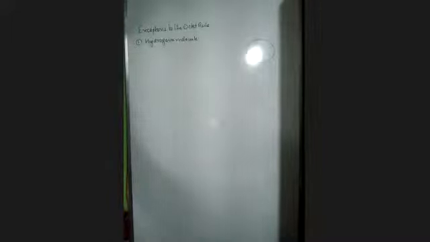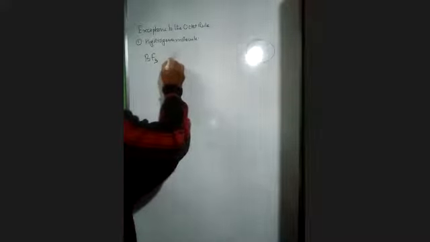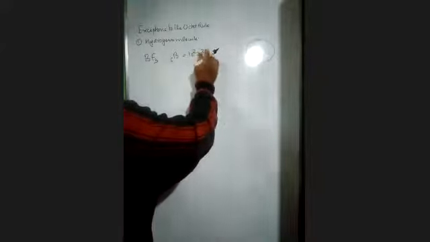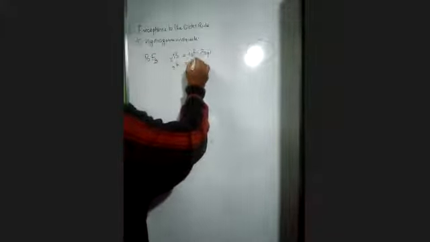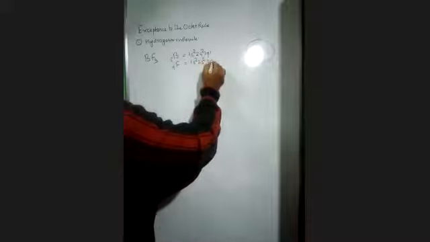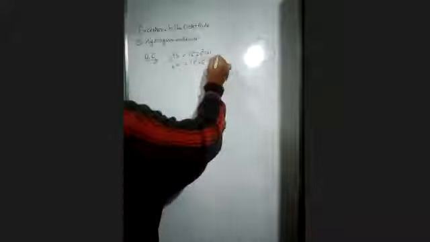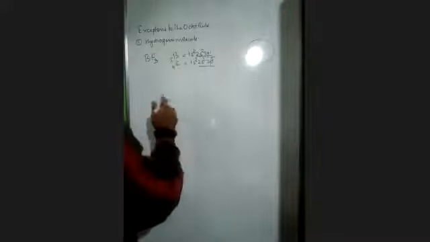Now we'll go for BF3. Boron is 5: 1s2, 2s2, 2p1. Fluorine is 9: 1s2, 2s2, 2p5. This is the valence electron.